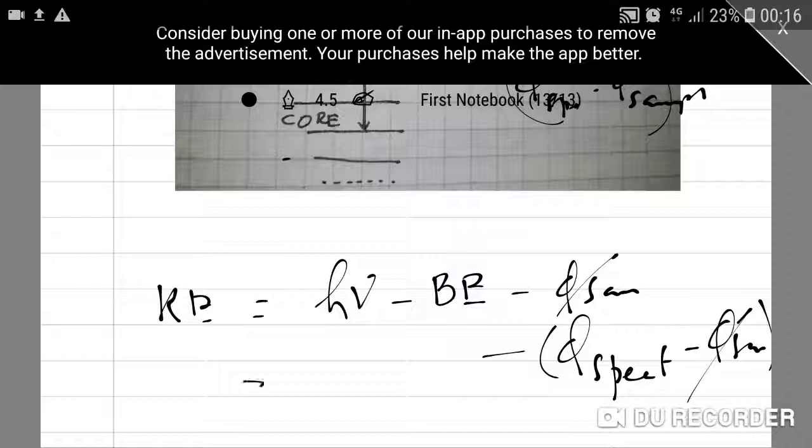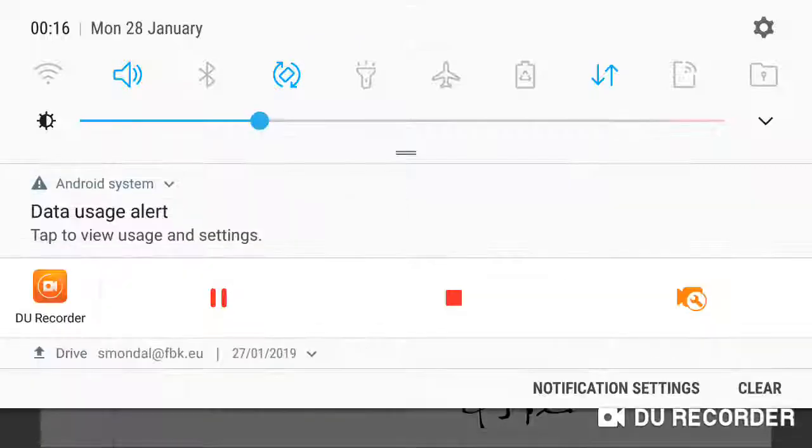The sample's work function cancels, and we finally get binding energy minus phi of spectrometer, and this spectrometer work function is constant for the instrument, so we can get the binding energy curve, and then we can get the X-ray photoelectron spectrum.